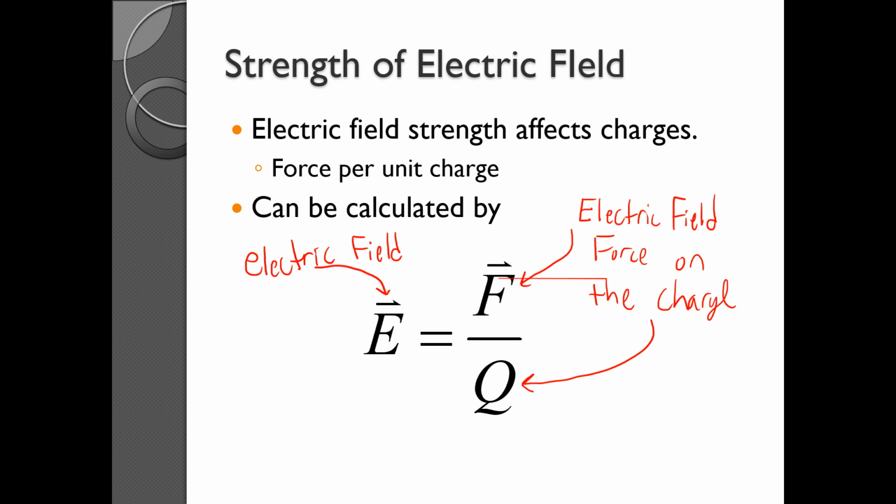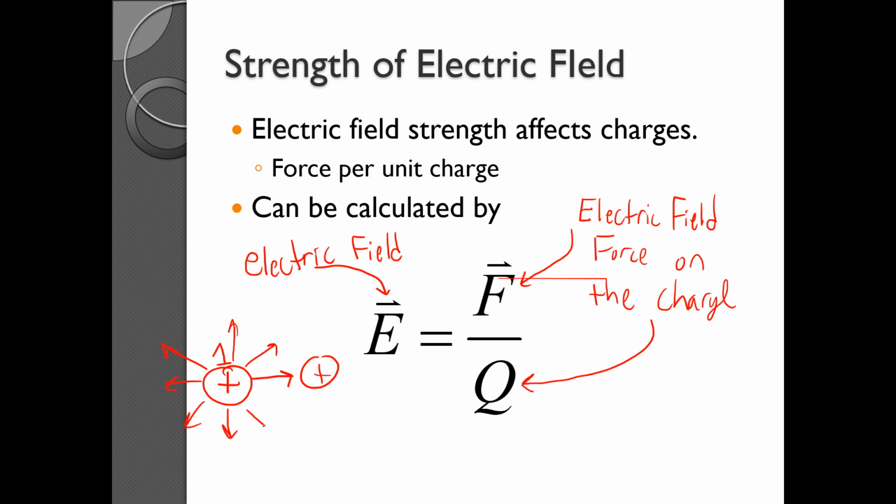So the electric force that the field exerts, or the strength of the electric field, is basically a measure of how strong the force affects a charge in its immediate vicinity. So you can think of it like, if I have a charge here, and I have another charge here, this charge, we'll call charge 1, has an electric field that exerts all around it.